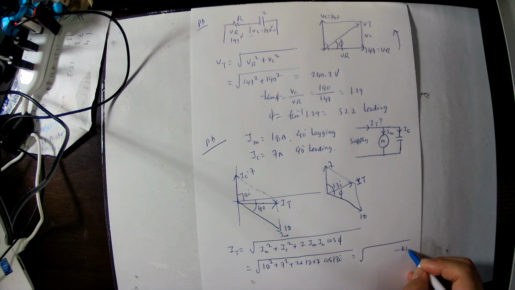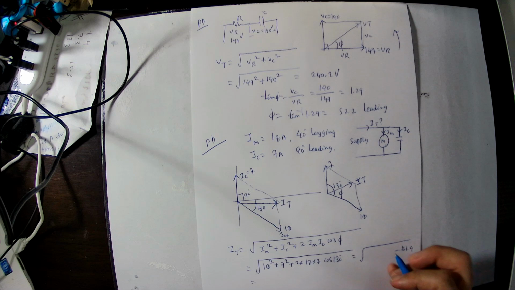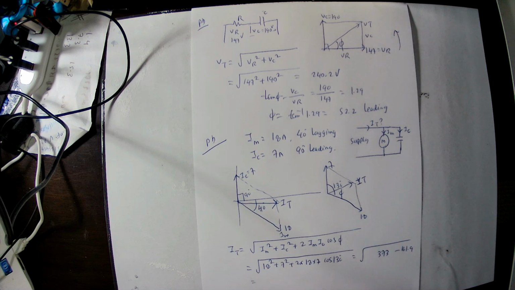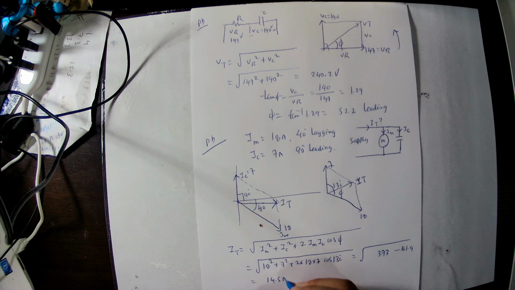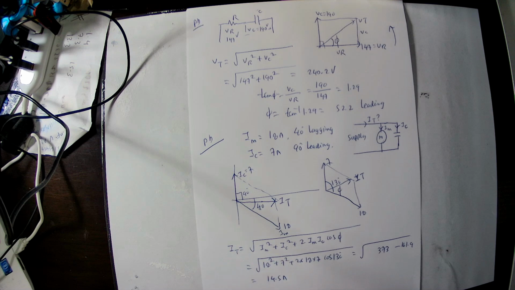Here is 18 square plus 7 square, 373. So 373 minus 161.9 and square root. That will be 14.5 ampere. So the total current is 14.5 ampere.